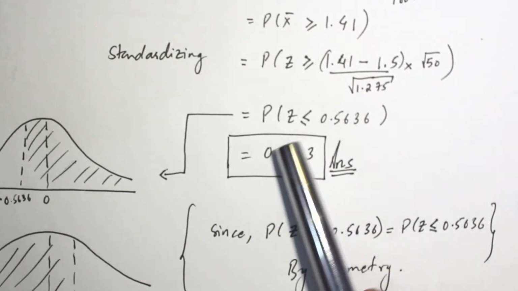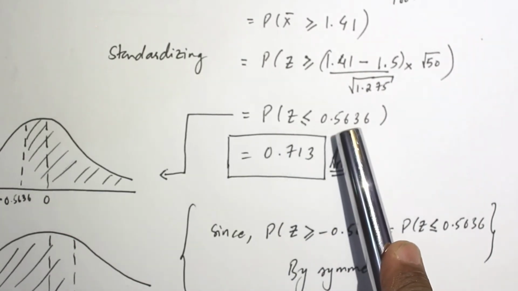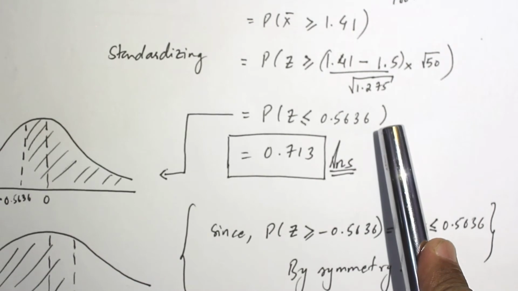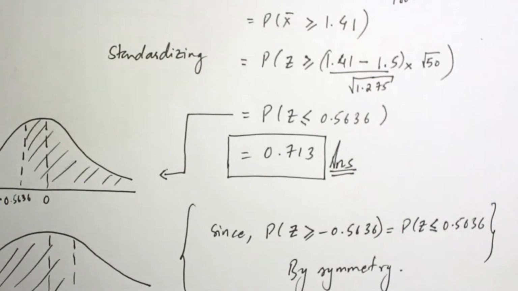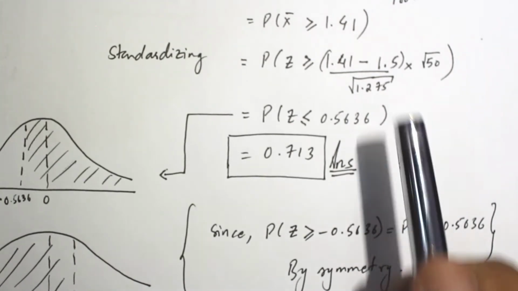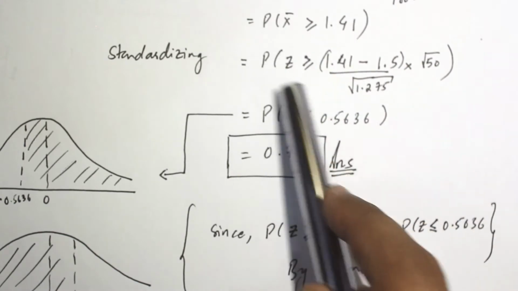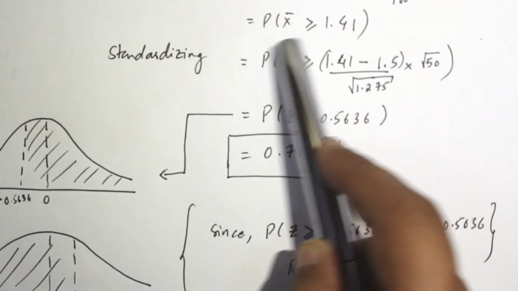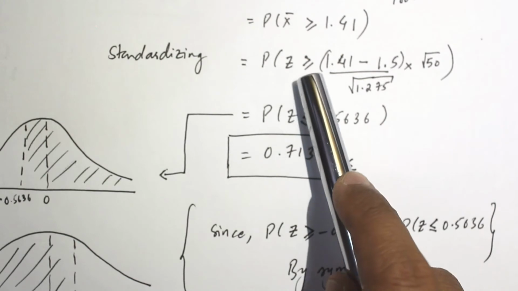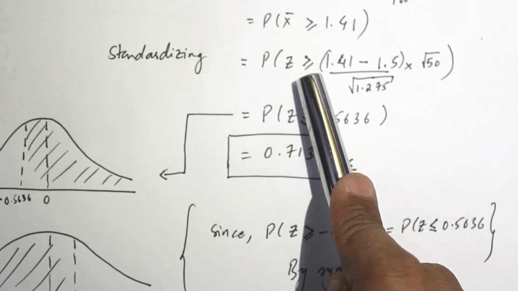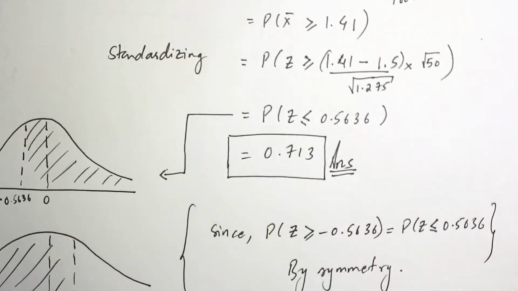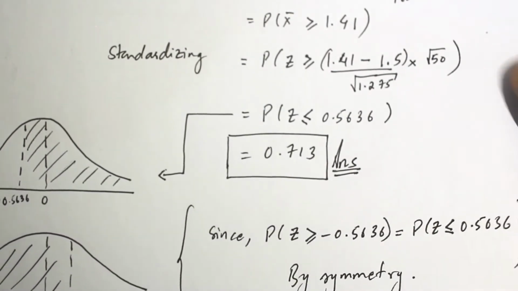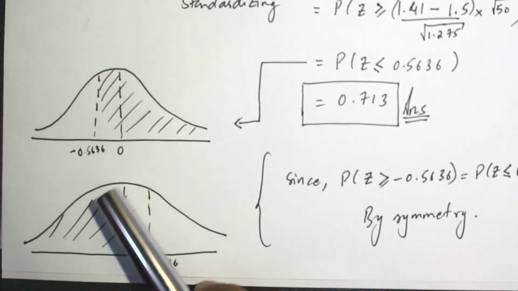Now in this case, we have P(Z) is less than 0.5636, right? So if you look at the first case here, you can see that this has a negative value, right? And this also has a greater than or equal to term here. So the probability that we are finding here is just finding the area of this one here.